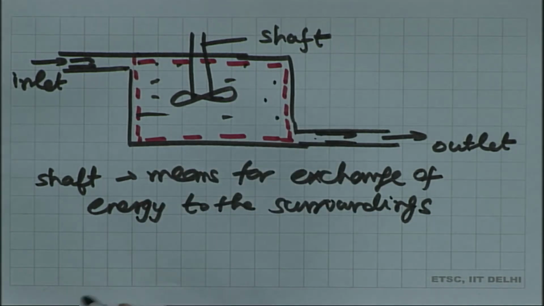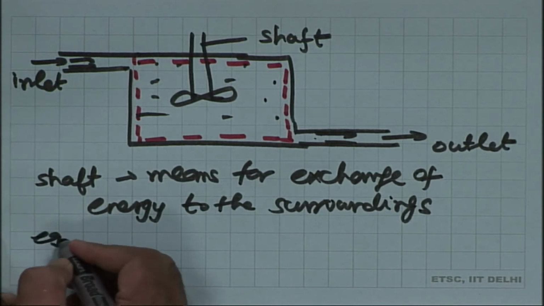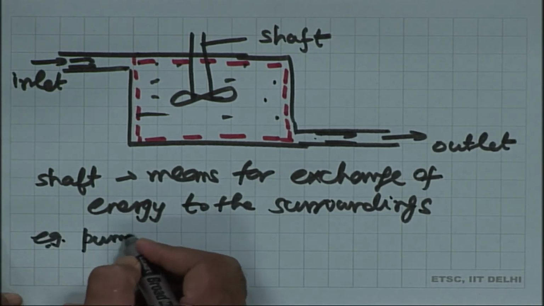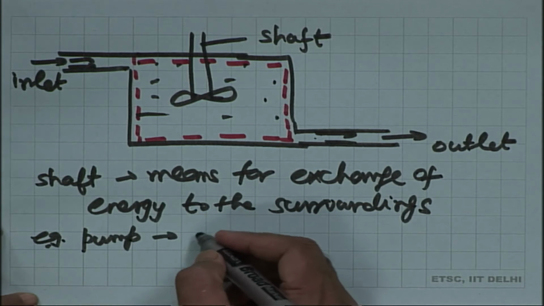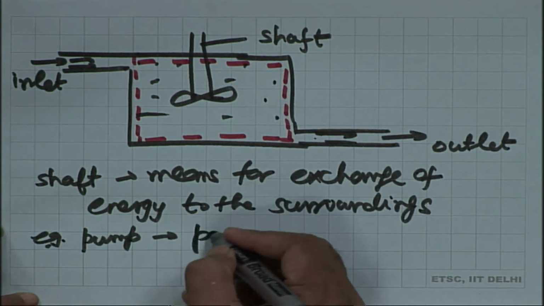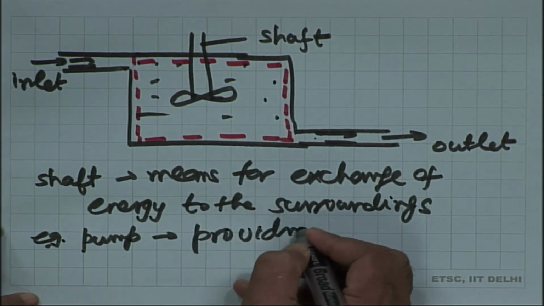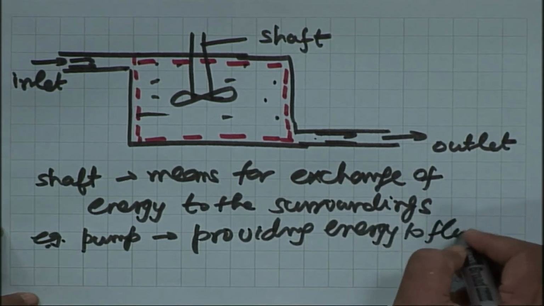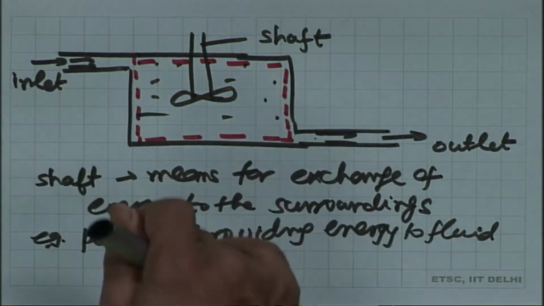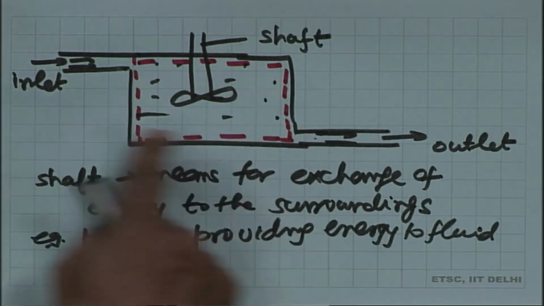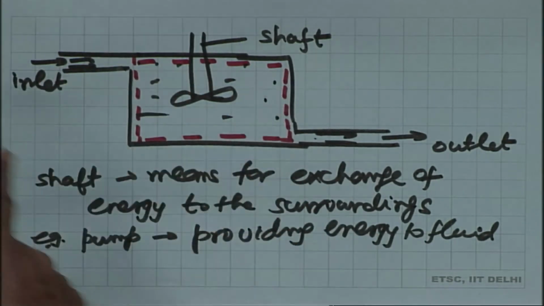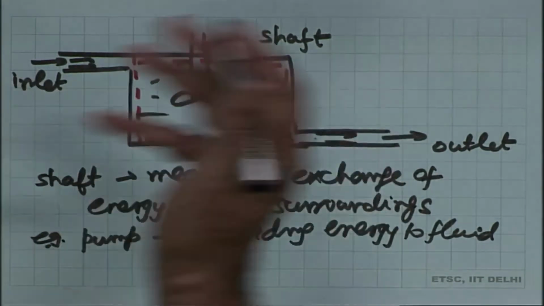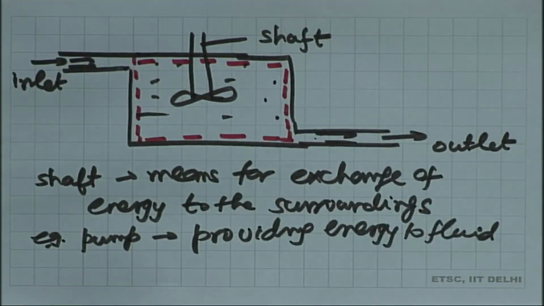An example of this could be, if it is a pump, then we are providing energy to the fluid. If the shaft is that of a pump, then the blades of the pump rotate and they provide energy to the fluid.